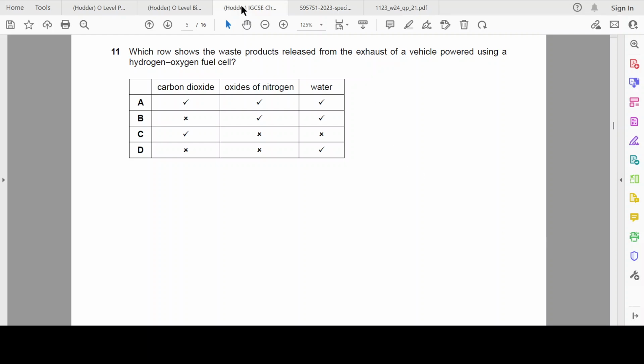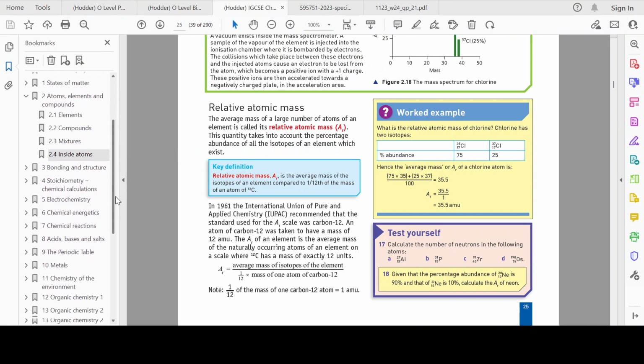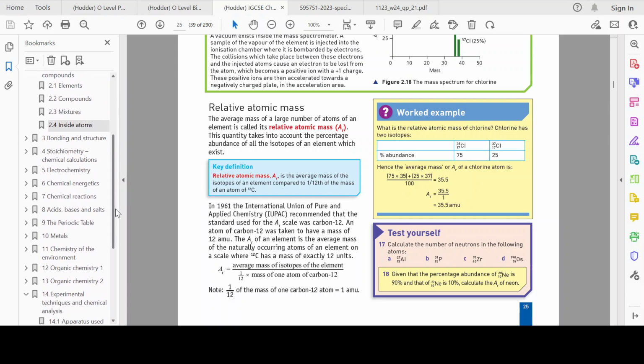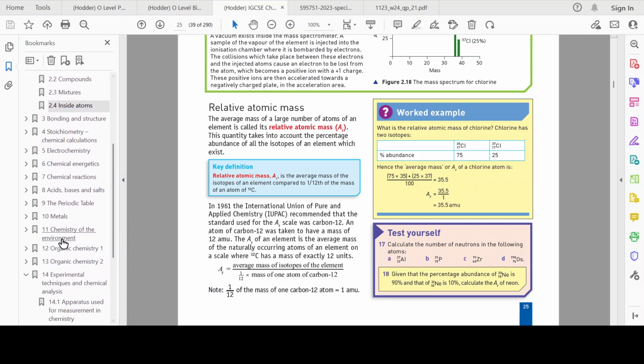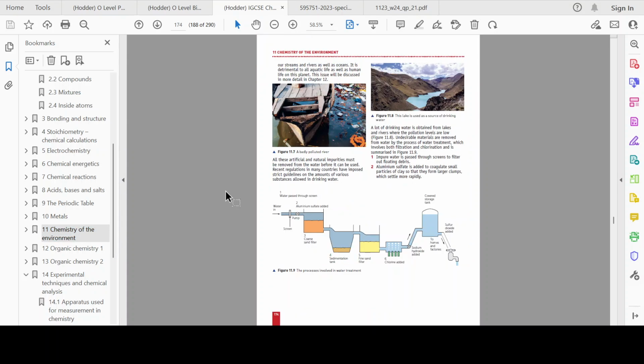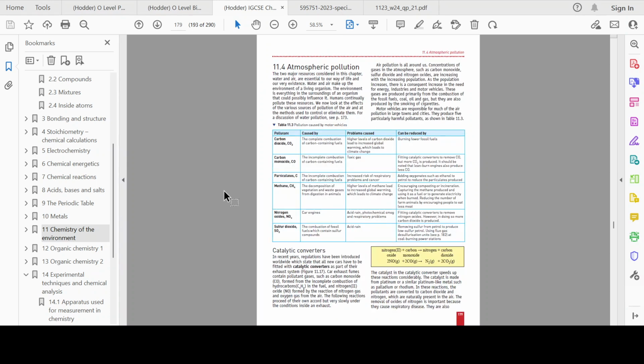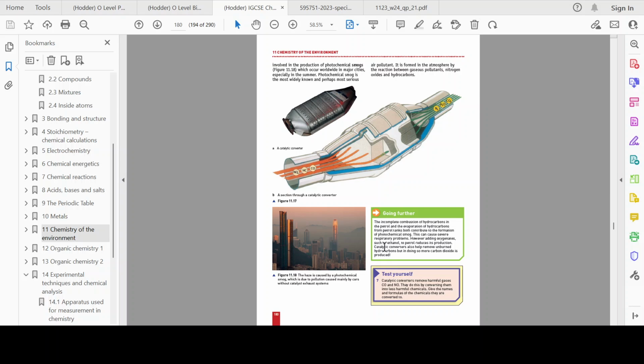If we just go back, I believe, which chapter was it? Was it chemistry of the environment? I forget the chapter. Do you remember the chapter? Atmospheric pollution, catalytic converters. So maybe you're confusing that with catalytic converters. That would have carbon dioxide and oxides of nitrogen.